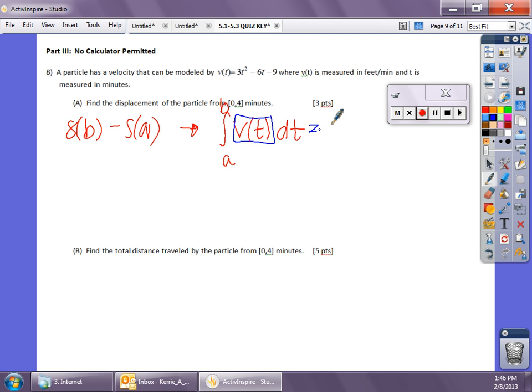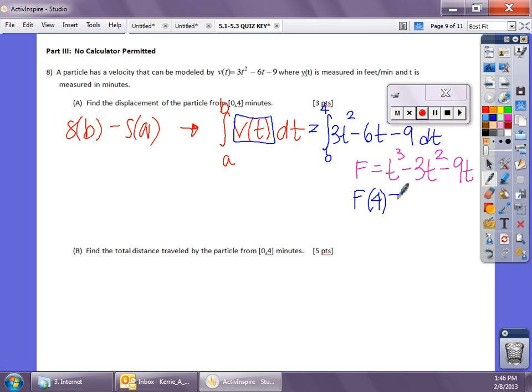So I'm going to rewrite this from 0 to 4 of 3t squared minus 6t minus 9 dt. Antiderivative would be t cubed minus 3t squared minus 9t. F of 4 would be 16 times 4 is 64, minus 16 times 3 is 48, minus 36.